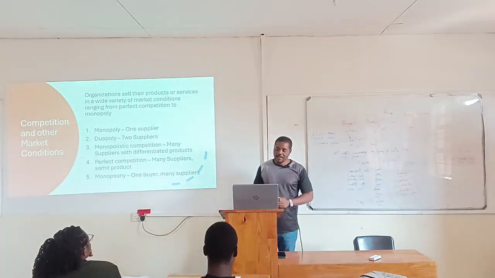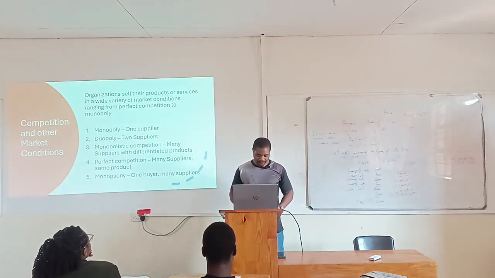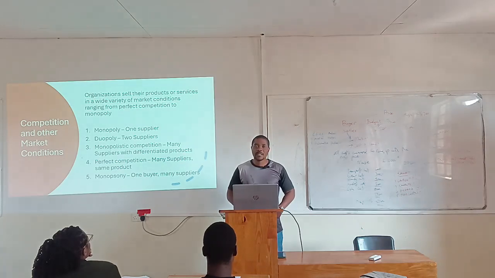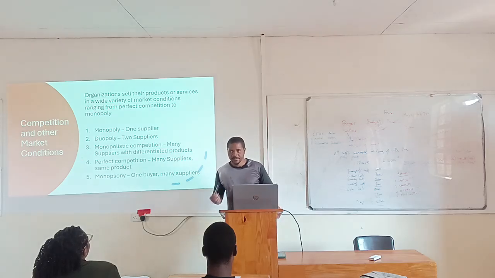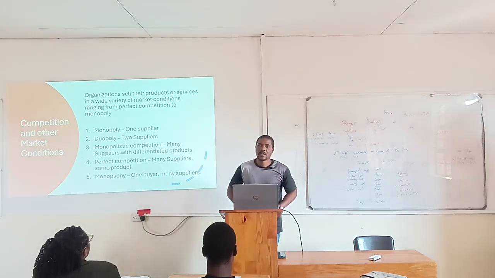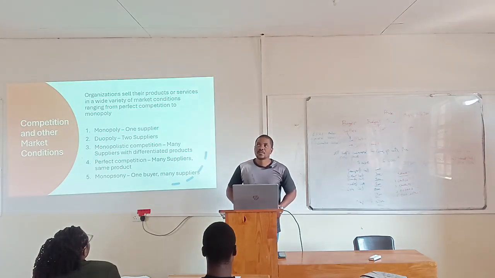And the last one is monopsony. One buyer and many suppliers. Any idea? One buyer but many suppliers. It's the other way around of monopoly, right? Cold storage. Cold storage, what do they do?